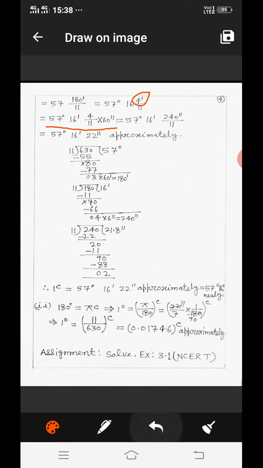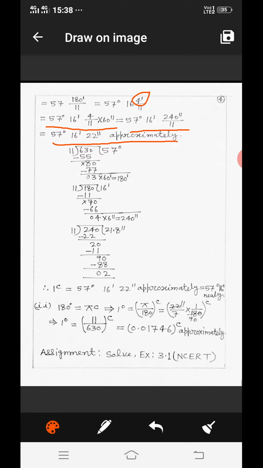This is equal to 57 degree 16 minutes whole 240 seconds by 11, and if we divide 240 seconds by 11 we get finally 57 degree 16 minutes 22 seconds approximately.